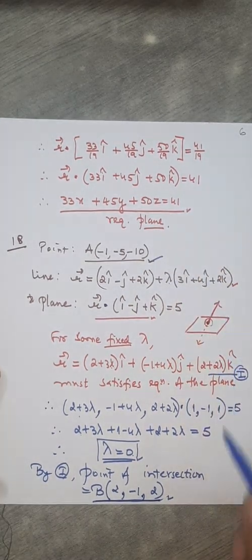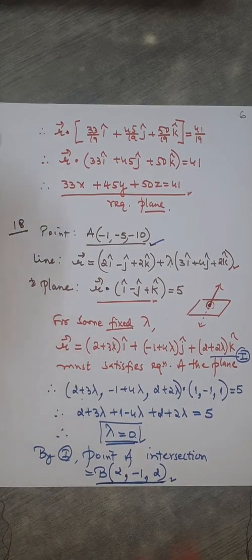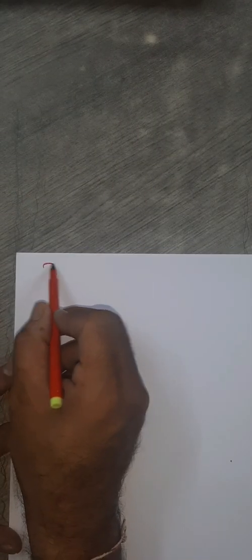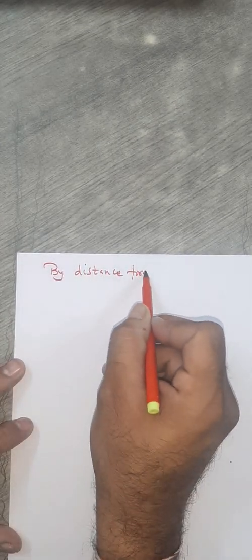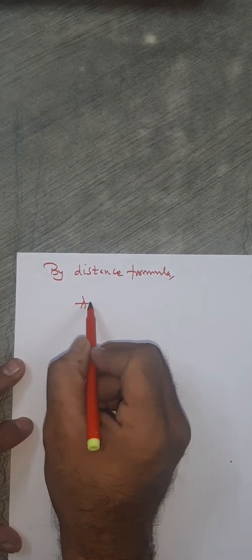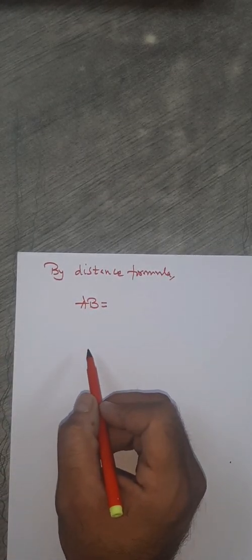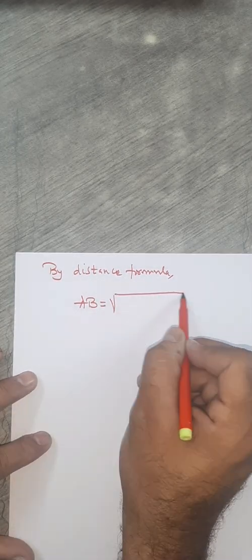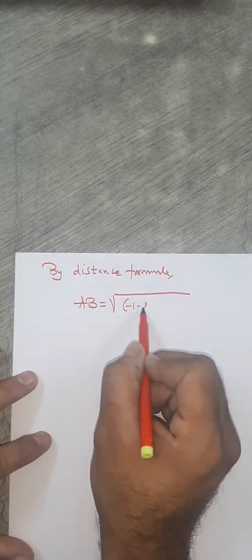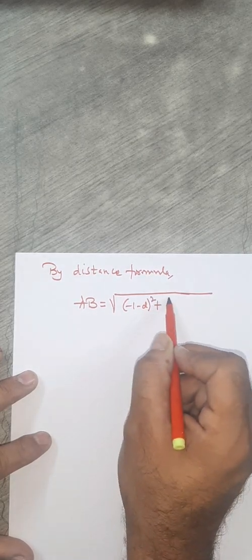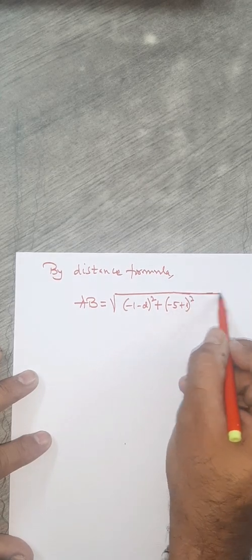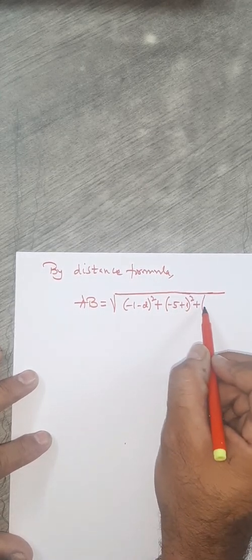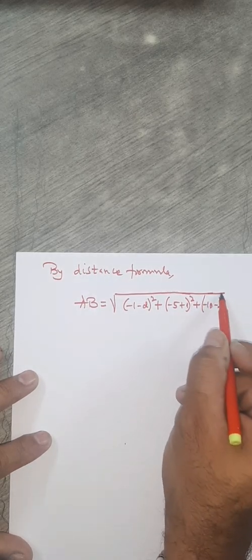This is a given point, and now we use distance formula. So by distance formula, AB equals root of minus 1 minus 2 the whole square plus minus 1 plus 1 the whole square plus, here you will get minus 10 minus 2 the whole square.